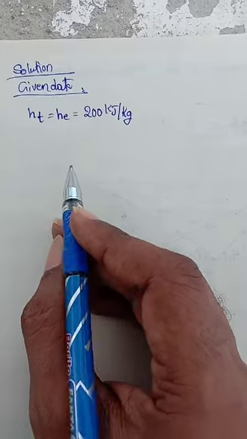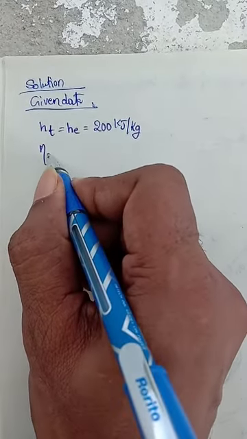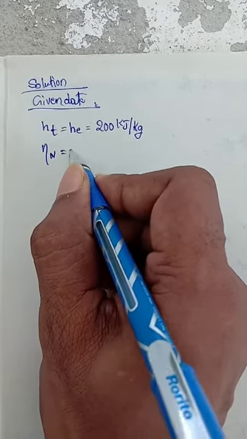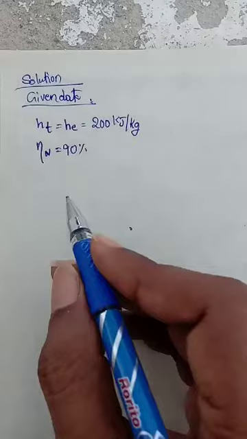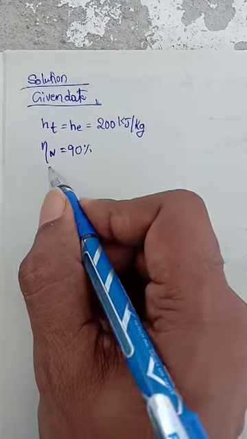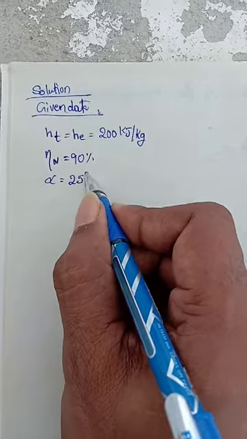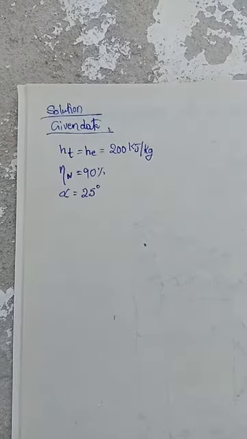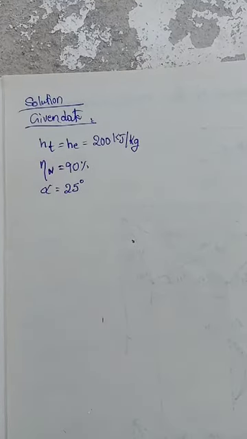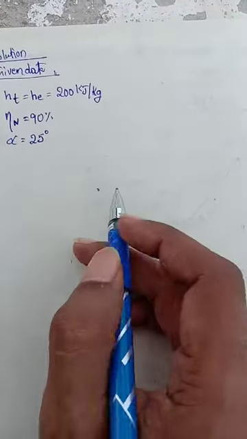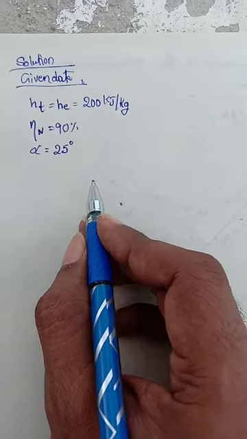Okay, and now nozzle efficiency is given directly, 90%, and the nozzle angle alpha, we take here 25 degrees, and the ratio of blade speed to whirl component of steam speed is equal to 0.5.